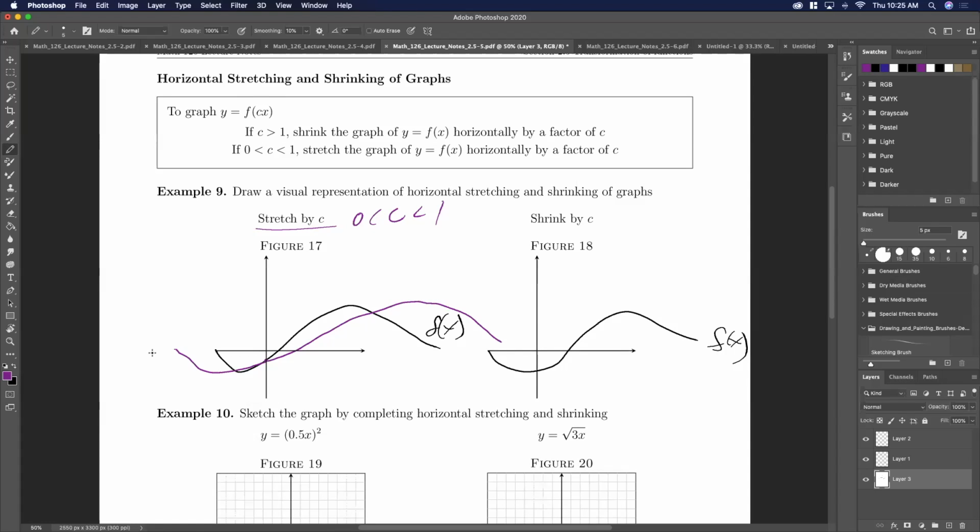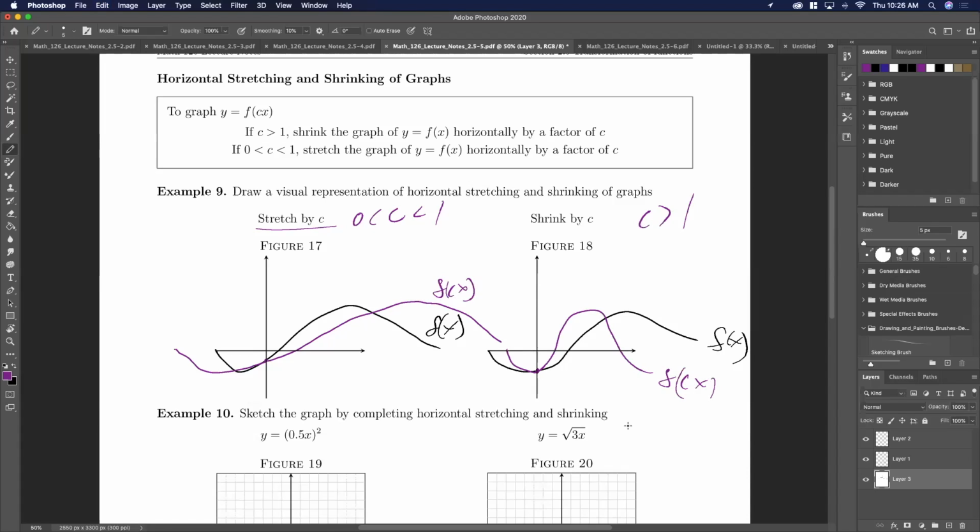So here it's just going to stretch it out this way. And here, if I shrink it by c, it's also going to start at the same point, but this time it's just going to go through it faster. And this is f of c of x, and this is f of c of x where c is greater than 1.